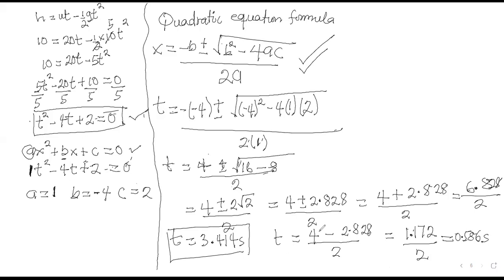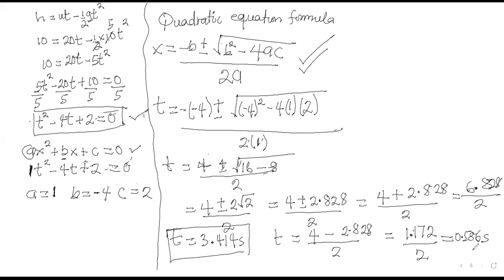So these are the 2 possible values of t, meaning it can take this time or this time, depending on plus or minus. So for 10 meters above the ground, this will be the value of t.